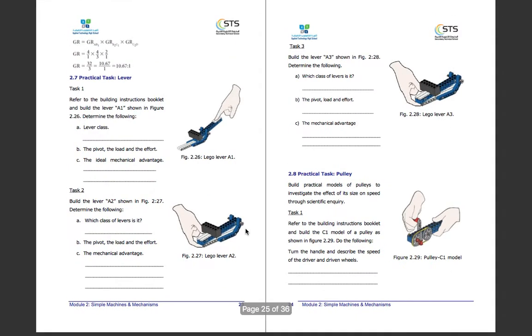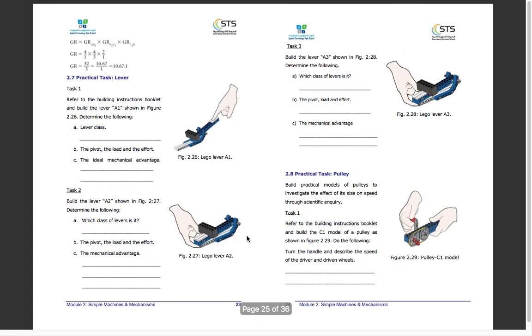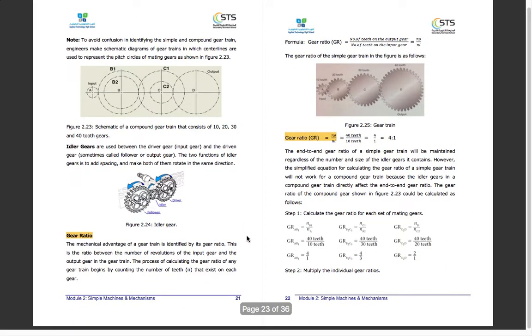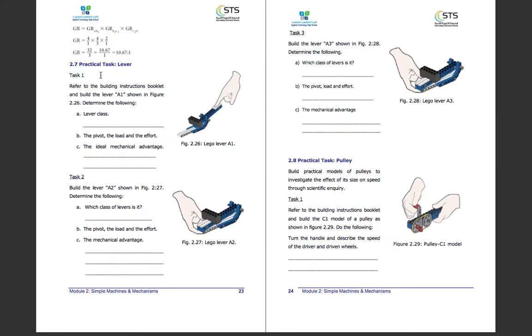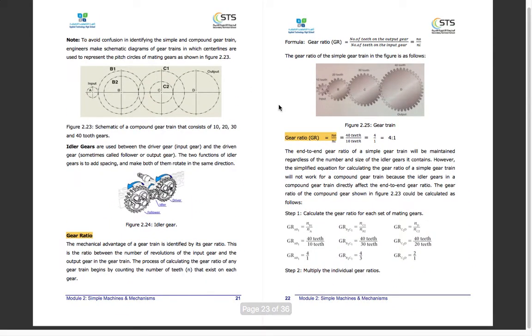How to find the gear ratio of a compound gear train. Now, for a compound gear train, you find individual gear ratios. So, find the gear ratio of each set of gears. So, this pair, 1, 2, then the next two, then the next two.